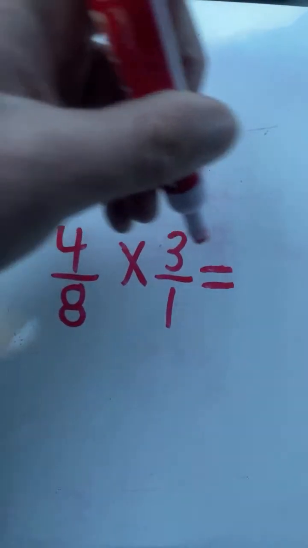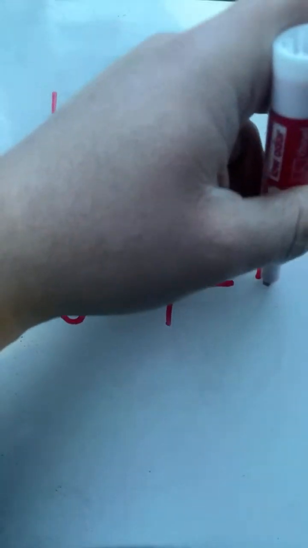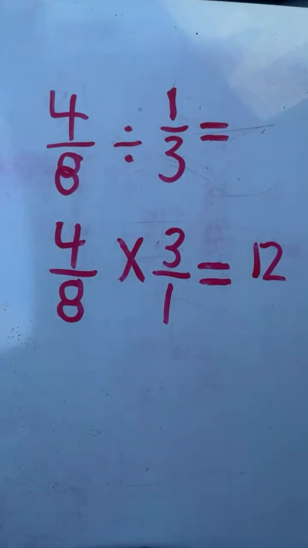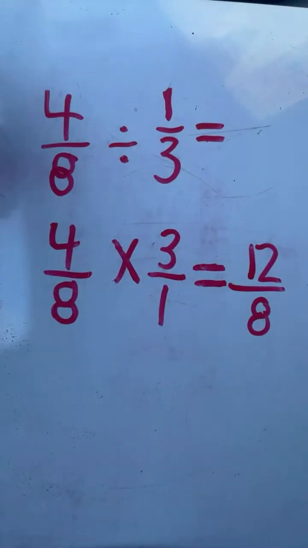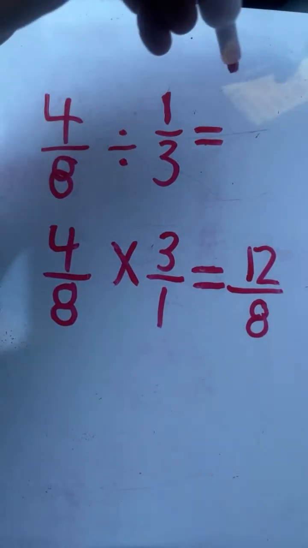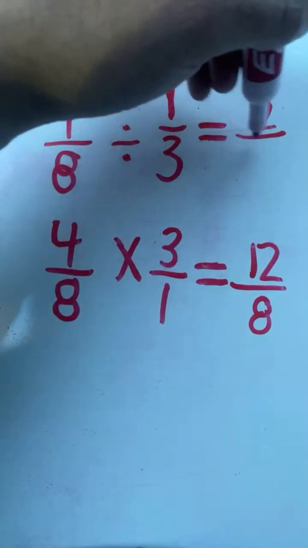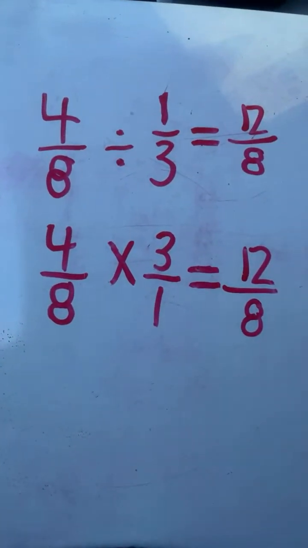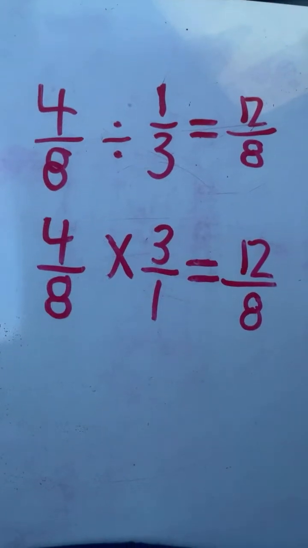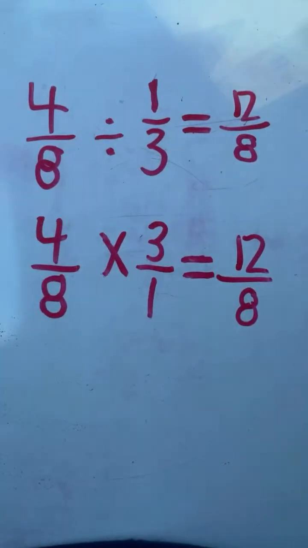All right, multiplying our numerators. 4 times 3 equals 12. 8 times 1 equals 8. And we have our answer. 4/8 divided by 1/3 equals 12/8. And that answer is not reduced to lowest terms. You can actually reduce it.